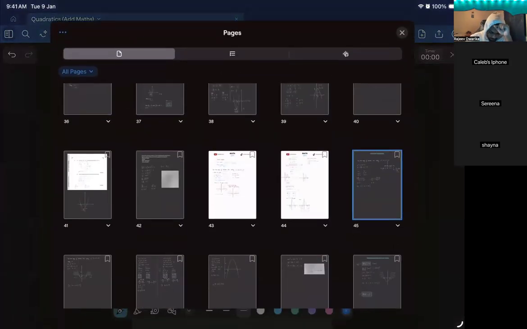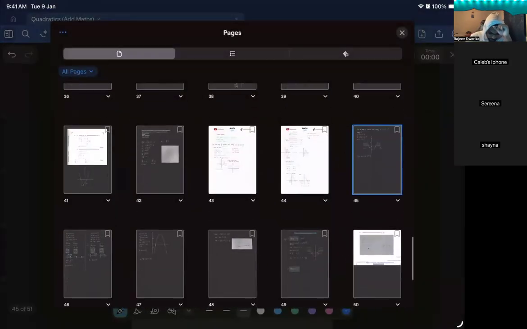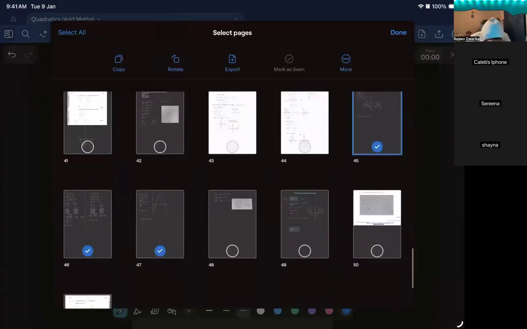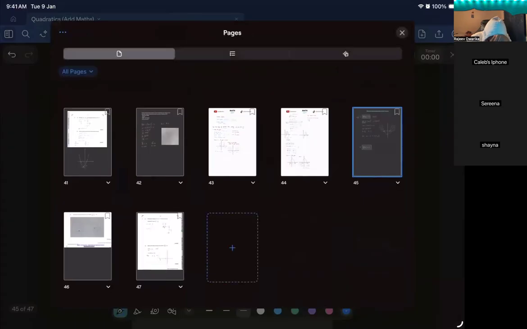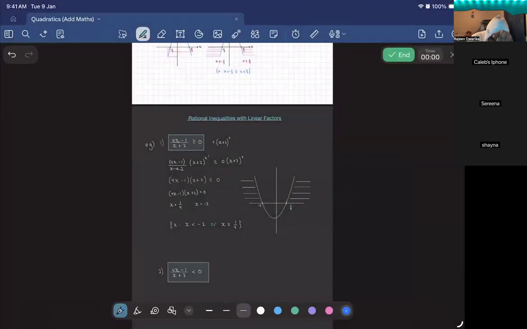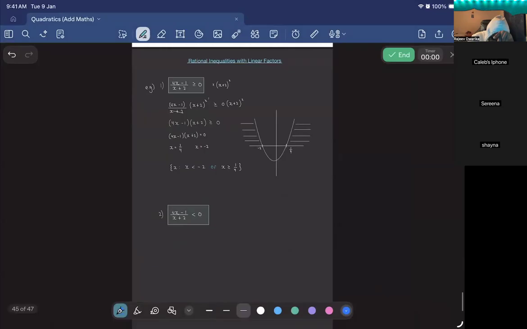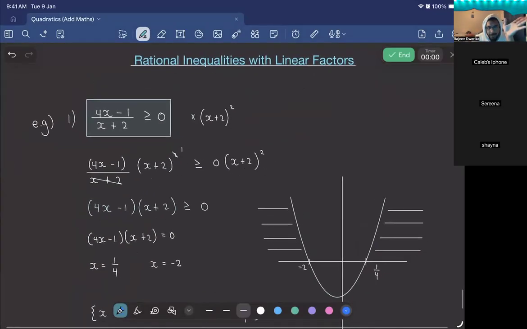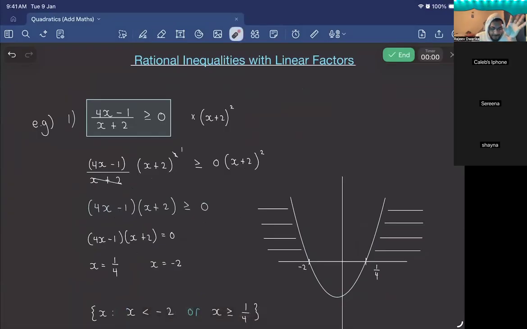I'm going to get rid of these notes, right? These notes are a bit ugly. Right, so let me give an example. Rational inequalities. So Shayna, in this instance, can we see that we have a fraction?